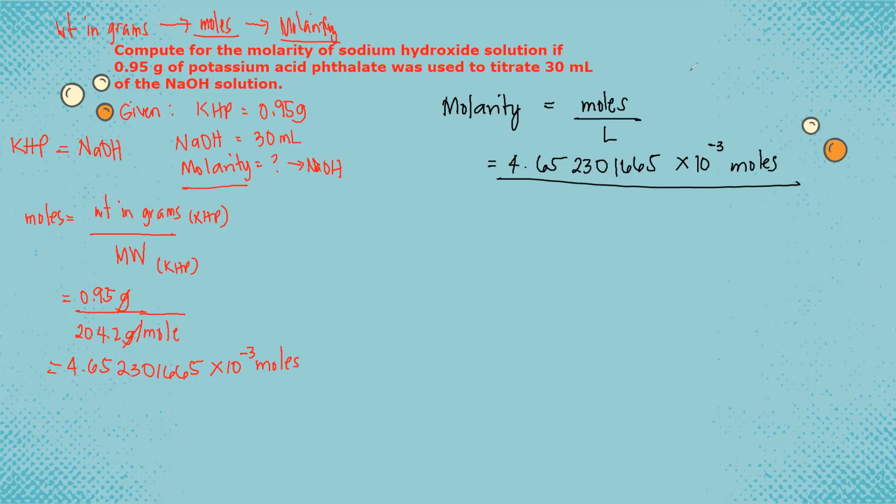What was the given again? 30 ml. So 30 ml times ml sa baba, liter sa taas, so that we can cancel. 1 liter is equivalent to 1,000 ml. So 30 divided by 1,000 is 0.03 liters. Okay, so that's what we are going to use in the computation, 0.03 liters. So let's solve for the molarity.